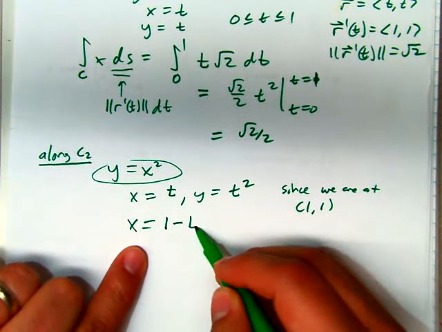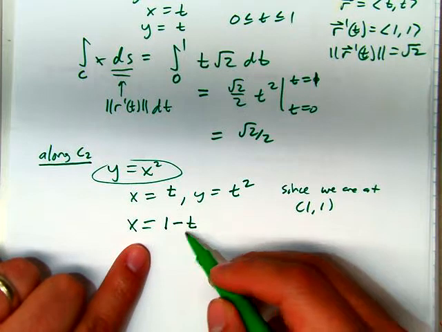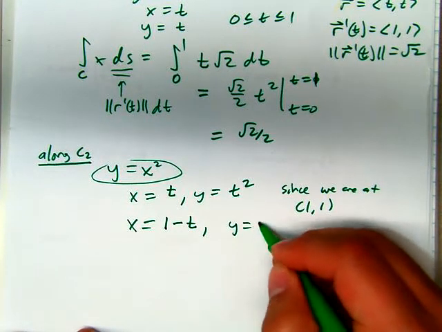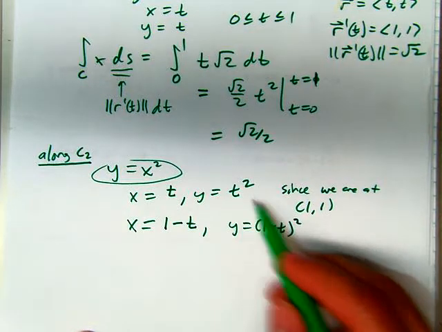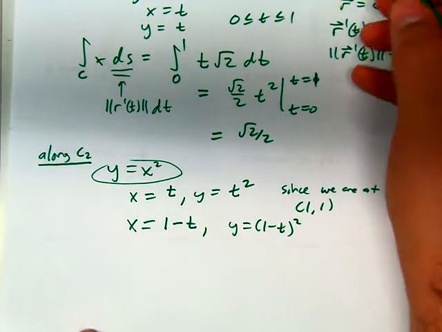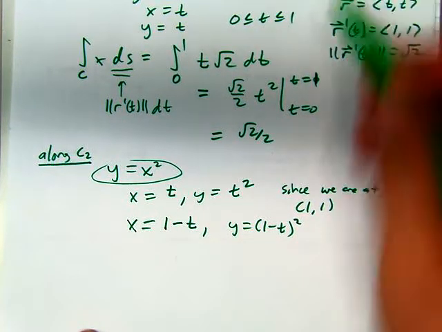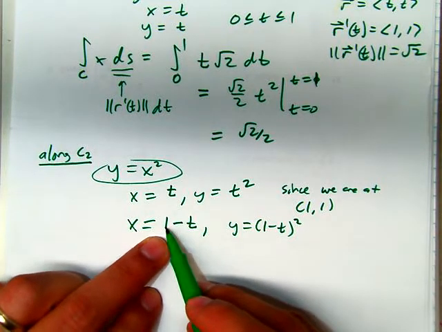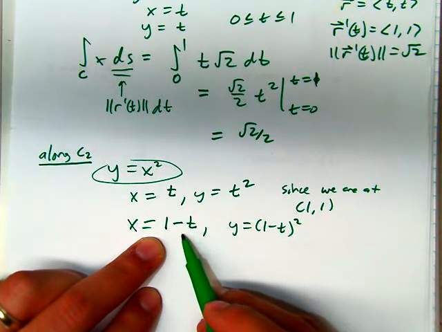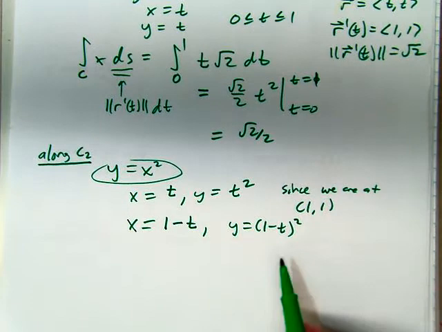But since we're going to switch the direction and go backwards, we can do 1 minus t, and then 1 minus t would get replaced here as well. Okay, so the negative just indicates that we're going to go back. This 1 minus t represents the fact that we're starting over here.